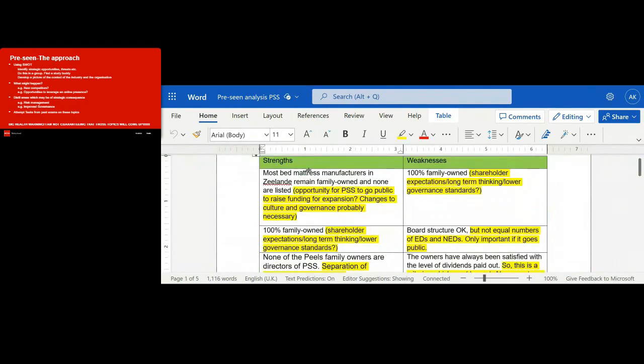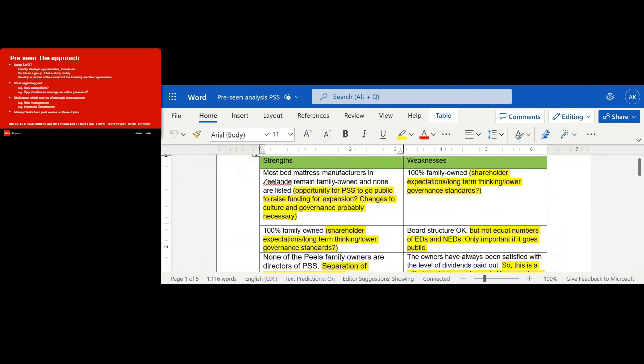So, for example, they tell us in the case study, in the pre-scene for specimen 1, that most bed mattress manufacturers in Zealand remain family-owned and none of them are listed. So I put that in as a strength. Why?